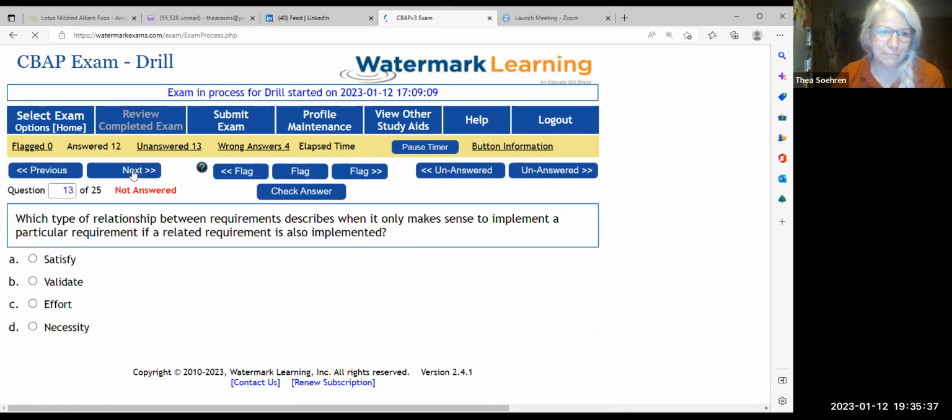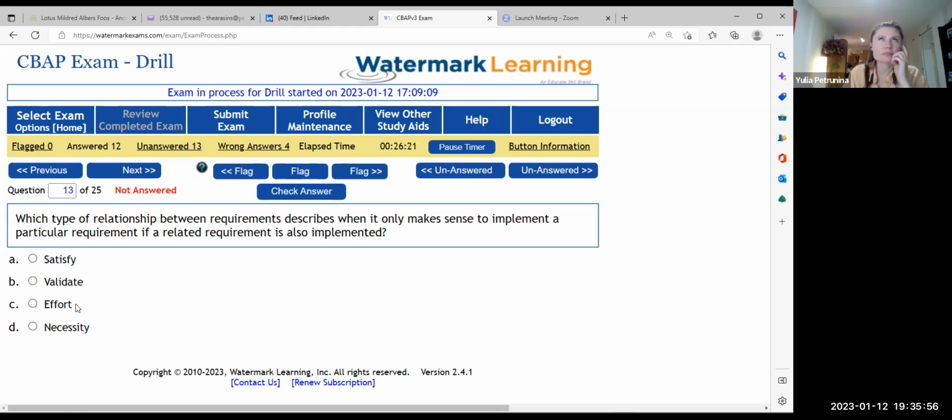Very nice. Which type of relationship between requirements describes when it only makes sense to implement a particular requirement if a related requirement is also implemented? Would it be satisfy, validate, effort, or necessity? Have we seen effort before? No, no such relationship. Necessity or validate.